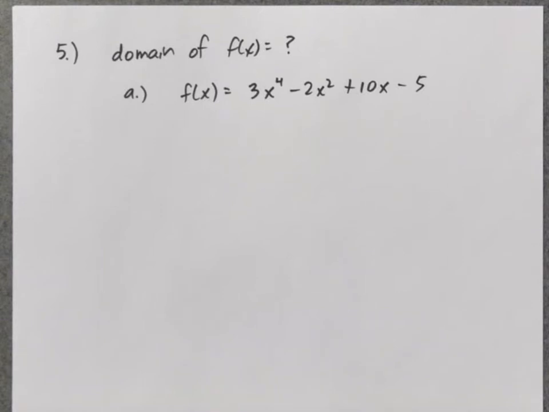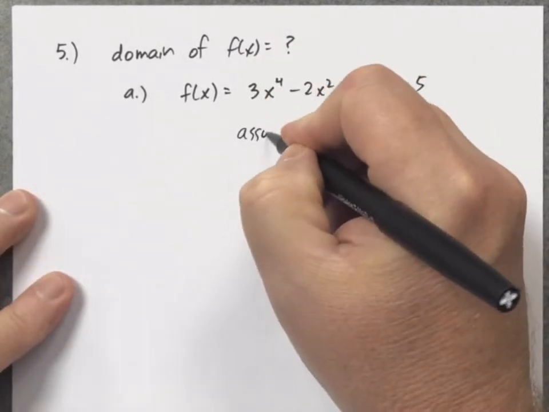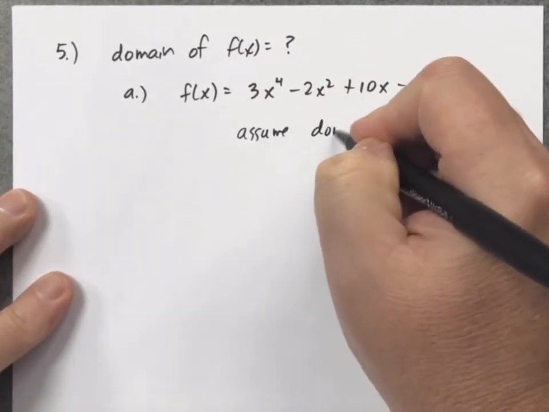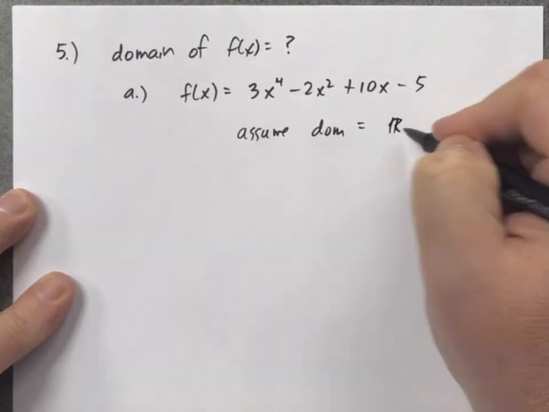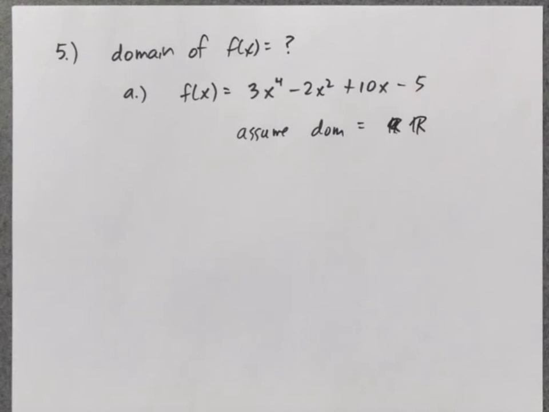And I said the way I think about domains is when I'm given a function, my assumption is, I say to myself, the starting point is, I'm going to assume the domain are all real numbers, which means x can be anything. Now that's going to be true unless I have 2 specific situations occur.